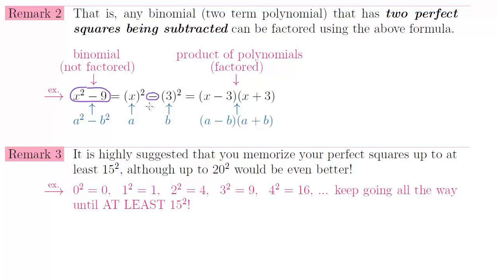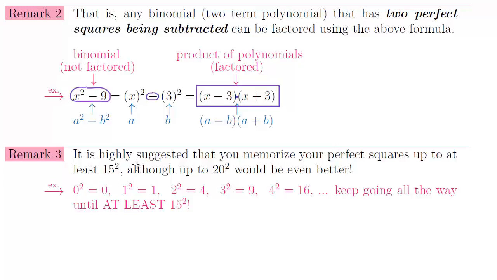So then we can use our formula, which says if you have a squared minus b squared, it turns into a minus b, a plus b. So if you have x squared minus 3 squared, it turns into x minus 3, x plus 3. Now this is a product, so we've factored the polynomial into a product of two other polynomials.